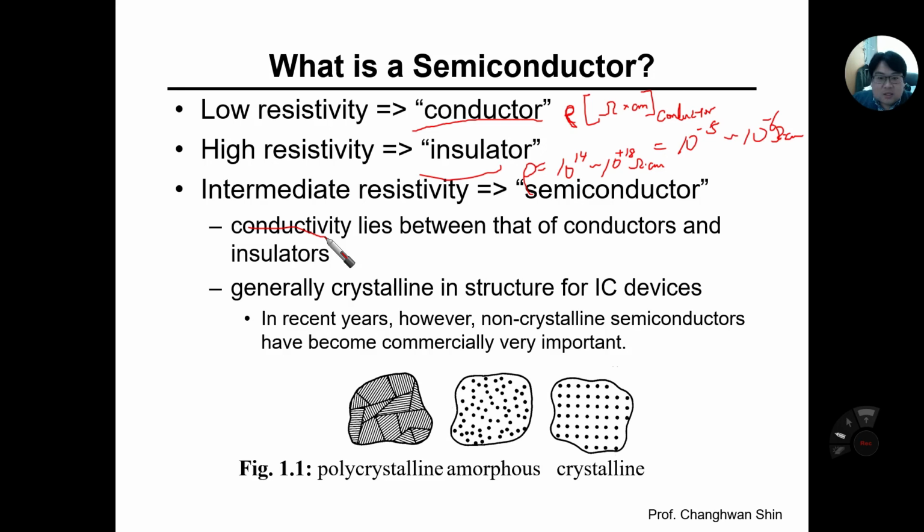So many physicists have done some experimental work, and it turned out that resistivity of semiconductor is in the range of 10 to the minus 3 to 10 to the plus 3 ohm times centimeter.